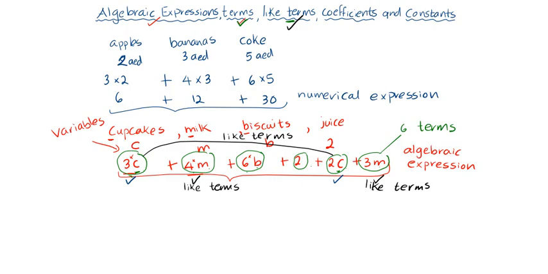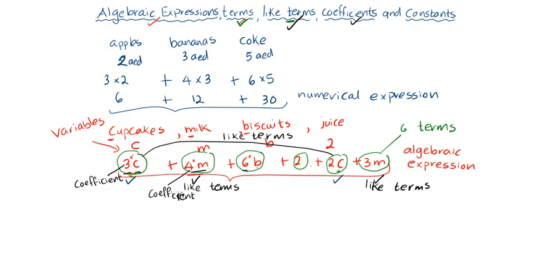Then we come across the word coefficient. Coefficient means in each term, if you see a number next to a variable, then that number is called a coefficient. The 3 here is a coefficient. It is next to the alphabet, and it tells you how many cupcakes we are buying. Even with the 4M, the 4 is a coefficient because it tells you we are buying 4 milk bottles.